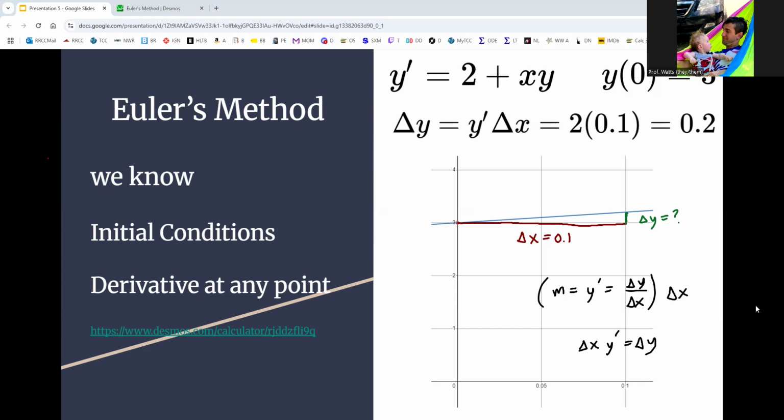And so if I had a derivative of 2, and then I had a change in x of 0.1, multiplying those, I get the change in y is 0.2. And I can use that to tell that y increased from 3 to 3.2. Remember, y was initially at 3, and so now it's going to be 3.2. So that's how Euler's method will work.